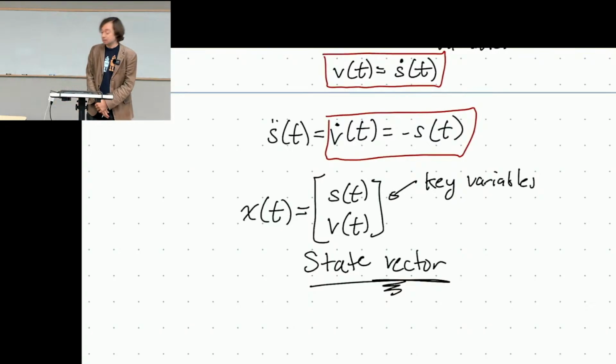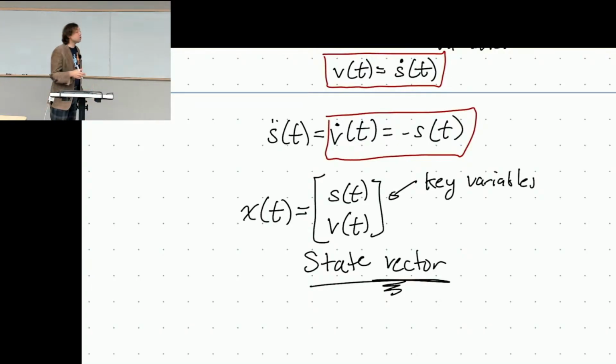We can use it to do Euler's method and other time-marching integration methods. Absolutely we can. We can also use it to write some really simple equations to describe some of our systems. And we can use it to control systems really easily, like really easily in the scheme of things. Okay? So it's called a state vector.